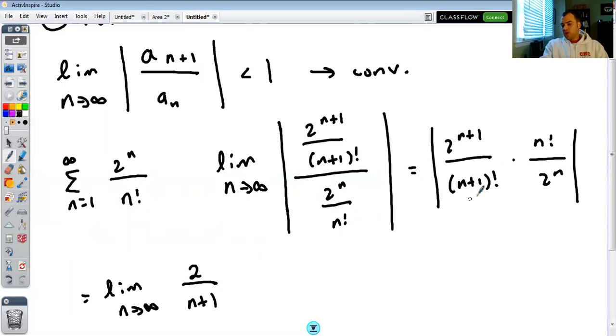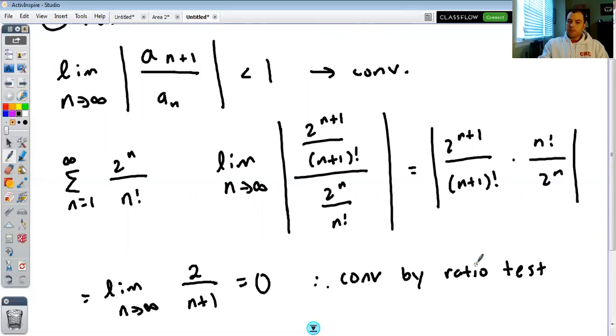Remember, n plus 1 factorial is n plus 1 times n, times n minus 1, and so on. N factorial is n times n minus 1, and so on. So everything cancels except for that first term in the factorial, n plus 1. And then as n goes to infinity, this goes to 0. So therefore, this converges by the ratio test.